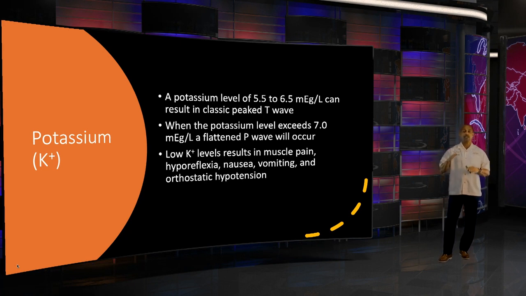We can actually have orthostatic hypotension because the muscles of the vascular system are going to struggle with constricting and dilating, right? So going from a supine position, we have no gravity. As I stand up, I add gravity, but because my vessels can constrict, it maintains that cardiac output, maintains that pressure. If I start losing that potassium, I can't balance that. So you can have orthostatic changes, okay?